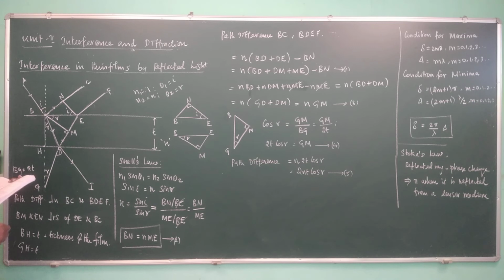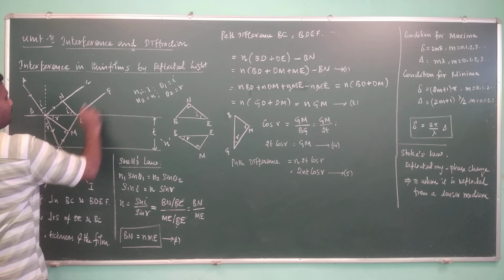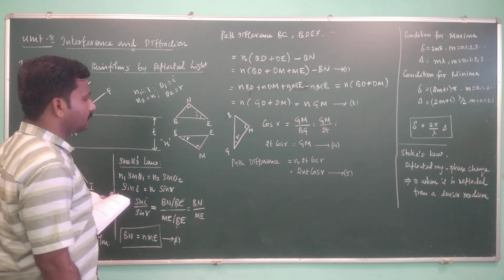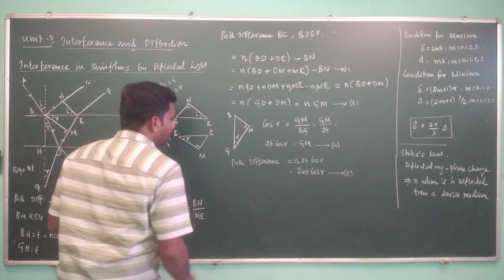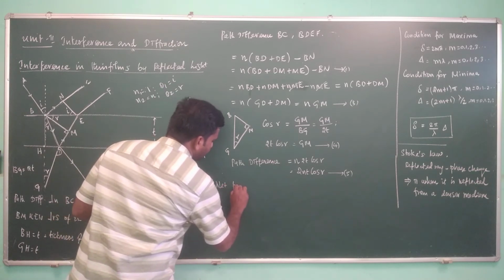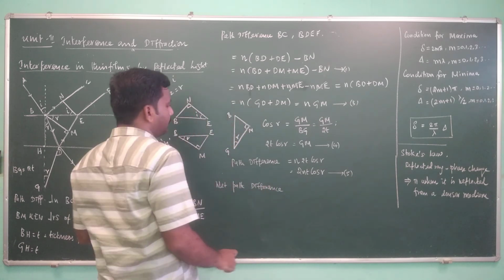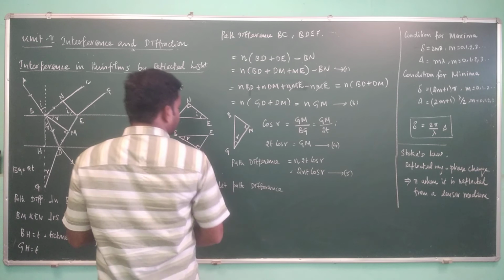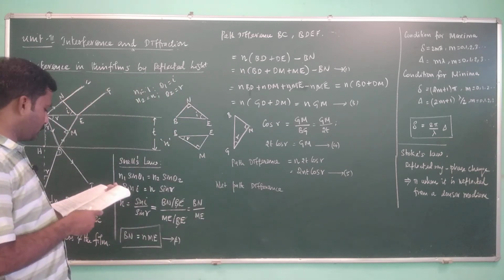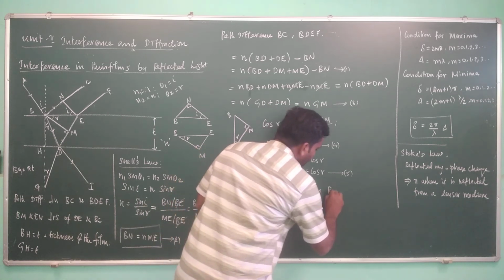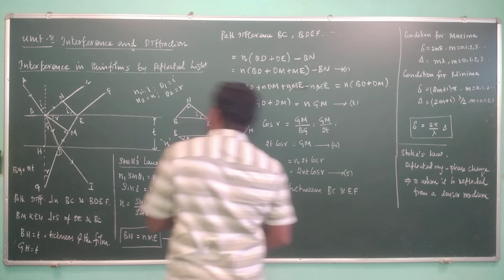Now for BC and EF, what is the net path difference in terms of lambda? If you write the net path difference, how can we write the net path difference between BC and EF?